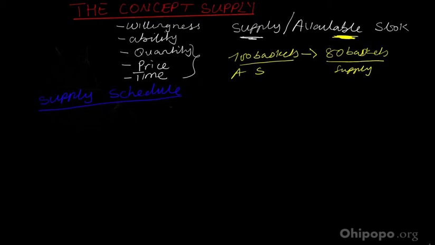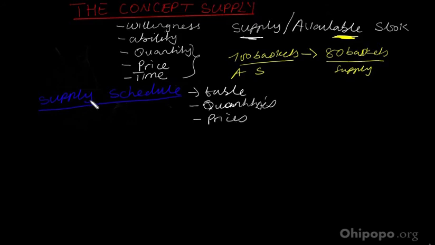It is a table that shows the various quantities of goods and services supplied in the market at various prices over a given period of time.